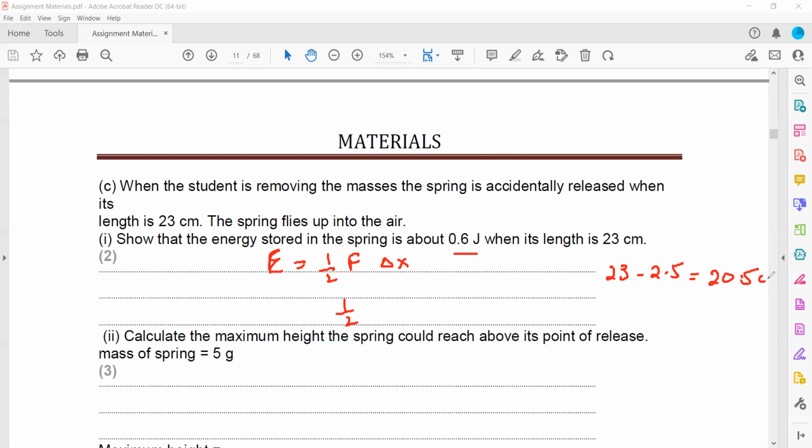So 20.5 centimeters, we convert into meters, so 0.205 meters, that is the extension. But how to know the force? To get the force, you have to use the graph. When the length is 23, how much is the force? That you have to use a graph.